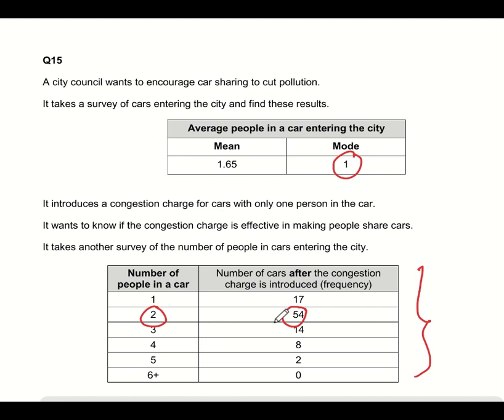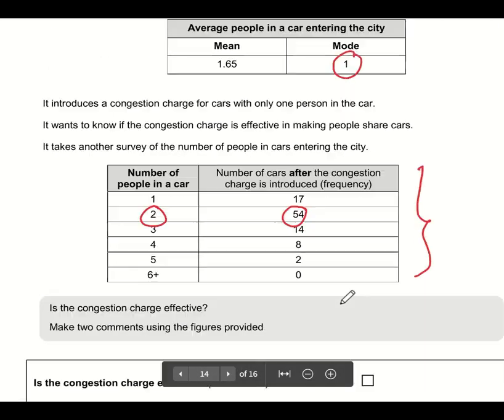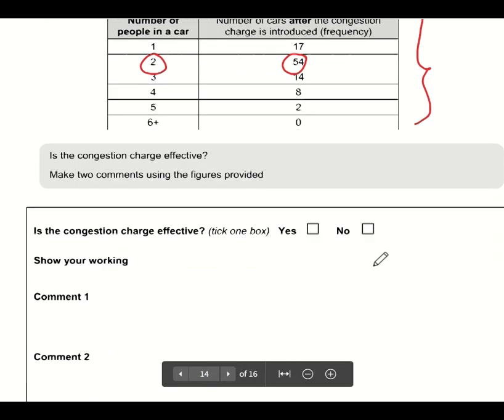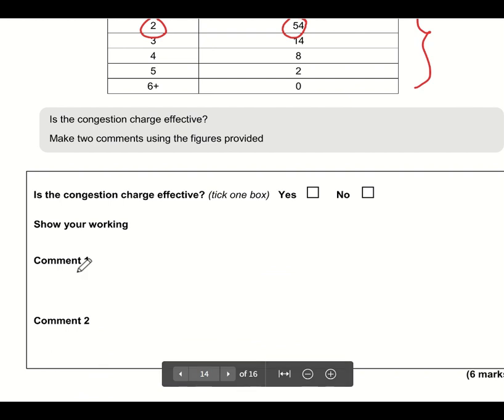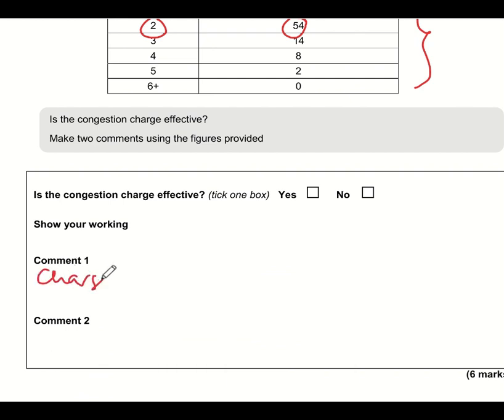So if we're going on the mode, it looks like the congestion charge is effective, because previously it was more likely that you'd see only one person driving around, whereas now it seems more likely that you'll see a car with 2 people in it. So comment number 1: the charge is effective as the mode has increased from 1 to 2.